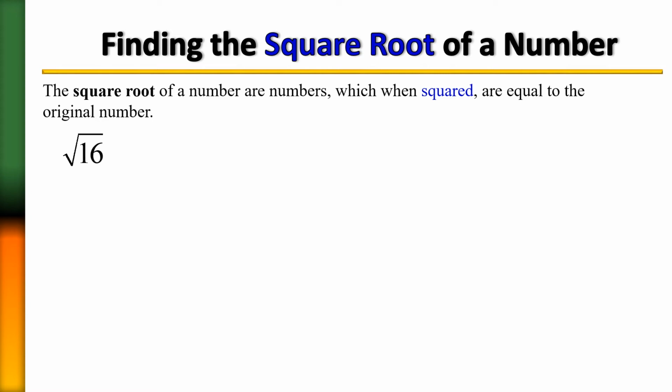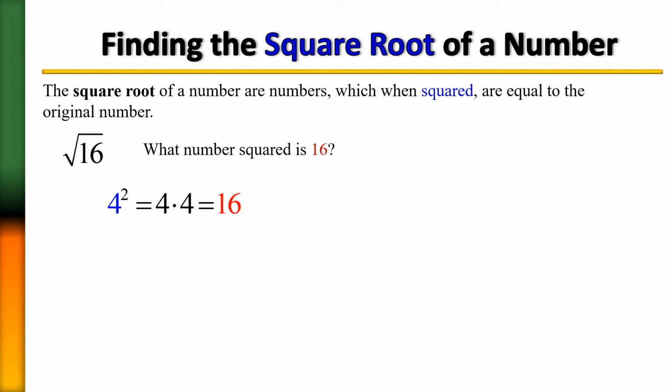So in this case, the original number is 16, and for the square root of 16, I'm looking for some number that, when squared, will equal 16. So you should know by now that that would equal 4. The square root of 16 is 4. And we know that because if you square 4, you're going to get the original number of 16.